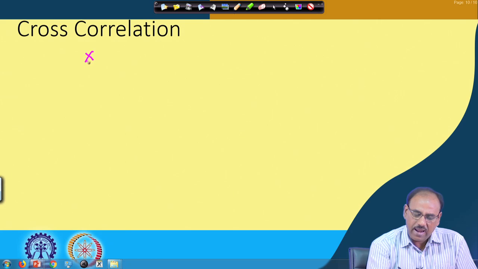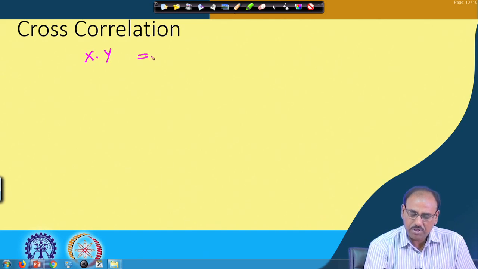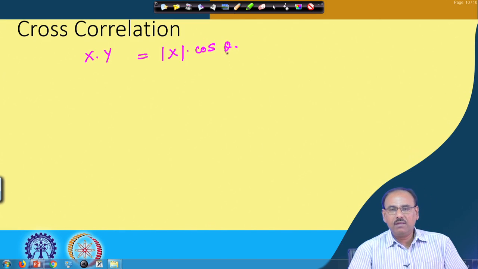So, x dot y, where y is a unit vector, in the two-dimensional case will be mod of x into cosine theta, where theta is the angle between the two vectors x and y. And if x and y coincide, that means they are in the same direction, then cosine theta is equal to 1. So, the dot product is simply mod of x. As theta increases from 0, cosine theta goes on reducing from 1, so the value of the dot product also goes on reducing.